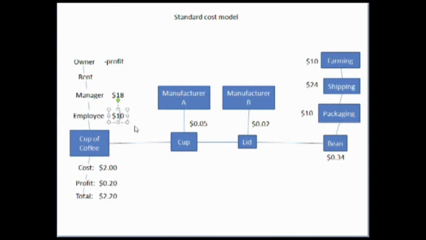And so what happens when we increase the minimum wage? We increase the employee to 15, we increase the packaging employees to 15, we increase the farm hands to 15. And then what happens is that the bean cost goes up to 64 cents.